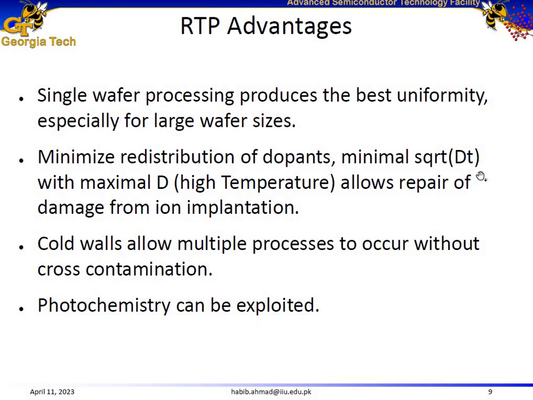So overall, the product of these two would be small, and then the square root of the product becomes small, which means that the diffusion length of the atoms during the rapid thermal process is small, which also implies that there is minimal redistribution of the dopant atoms inside the crystal lattice. So your atoms do not diffuse a lot into the substrate during rapid thermal processing.